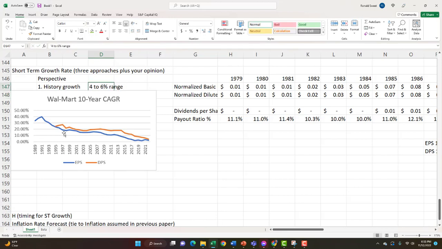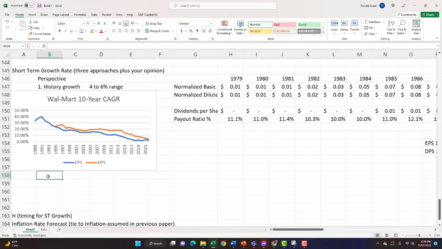Then they're growing really strongly there for quite a while, 15, 10, 15, 20%. And then as Amazon has taken over the industry and caused a lot of competition, their growth has really dwindled. So you can see last few years just barely keeping up with inflation, kind of bounce around. They got a little bit of a bump from COVID, but history suggests that. So that's one thing you could do.